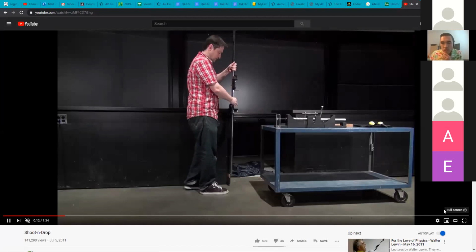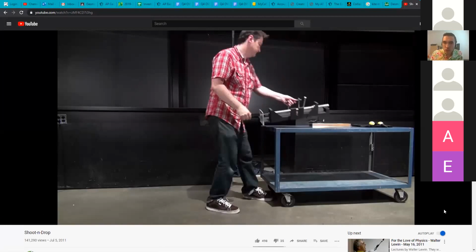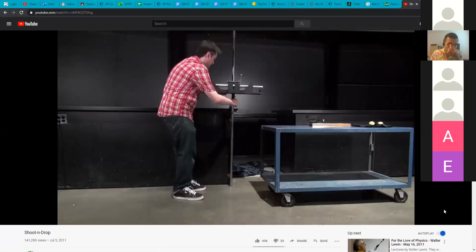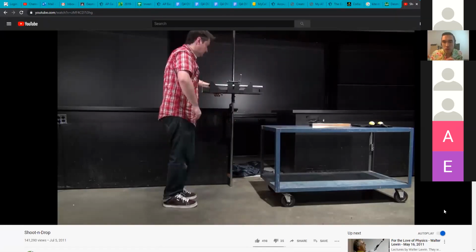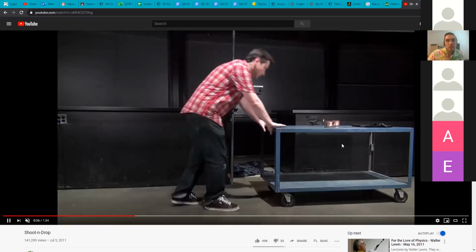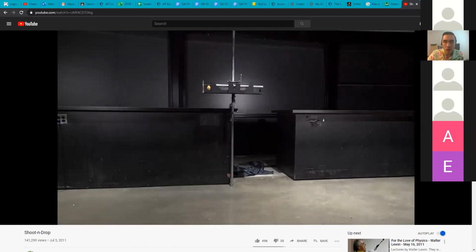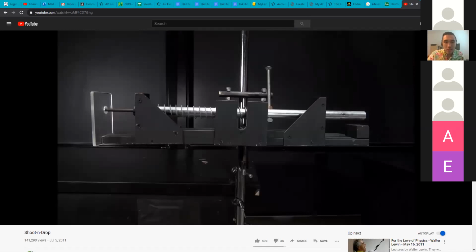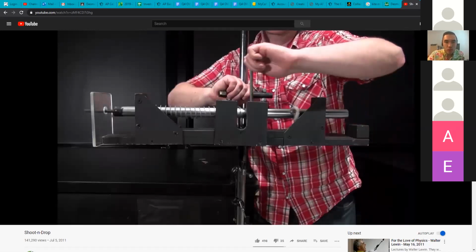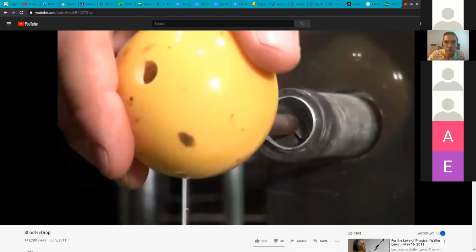So this is one of the most important conceptual experiments in how we think about physics. This is called the bullet drop because at the same time, one bullet is going to be dropped and the other bullet is going to be fired sideways at the exact same time. Now, the way that this is done is without any fancy electronics.